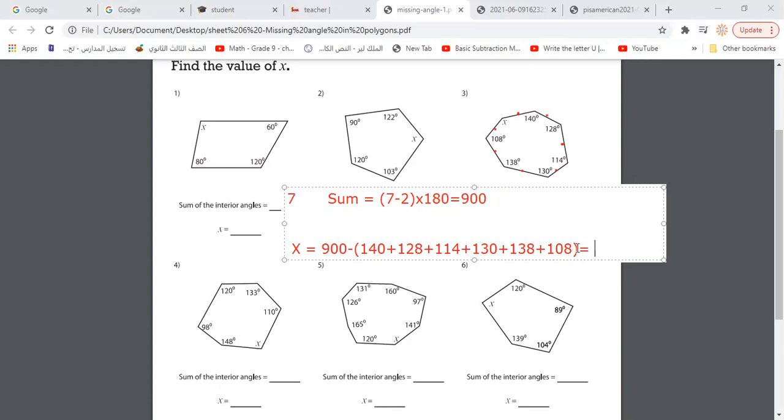It will be 140 plus 128 plus 114 plus 130 plus 138.